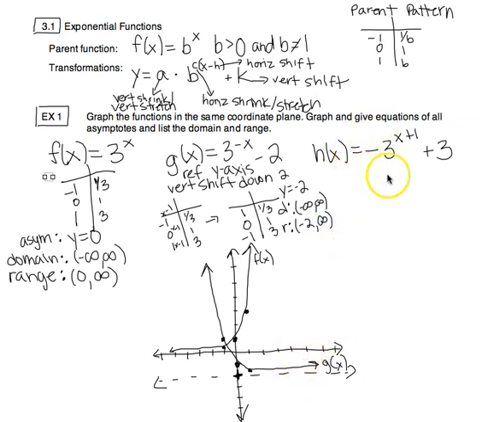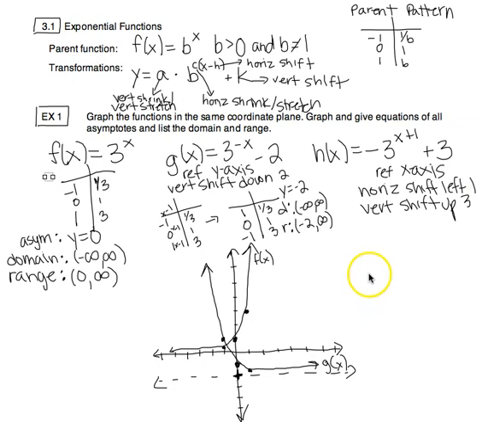All right, last one. This one shows me a reflection in the x-axis because of the negative out in front there. This +1 means that I have a horizontal shift, left 1, and this +3 means vertical shift, up 3. So again, I write out my parent pattern because that's helpful for most people.